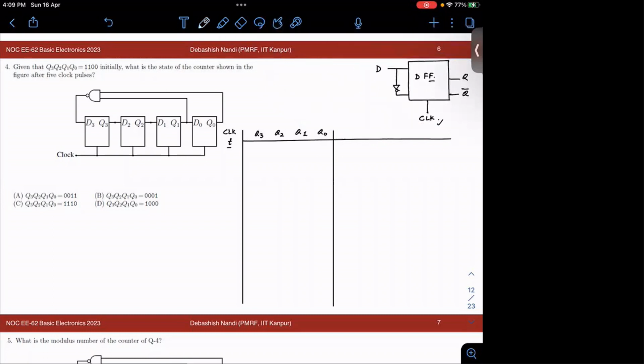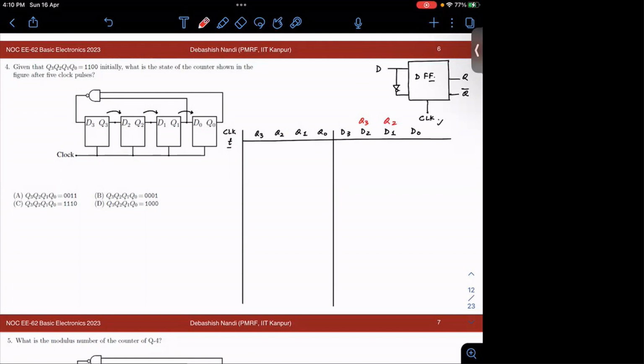Then you have your D3, D2, D1, D0. So you see your D2 is nothing but Q3. Then D1 is Q2.